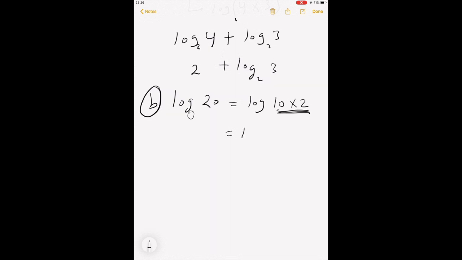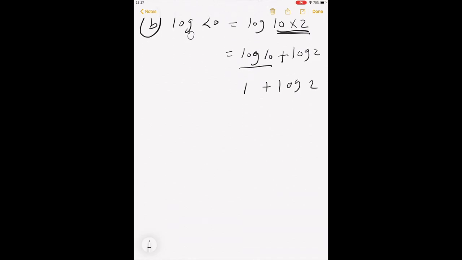That means log 10, this is going to be positive, plus log 2. This one, 10 to the power of something gives you 10. So 10 to the power of 1, that means 1 plus log 2. That would be your answer.